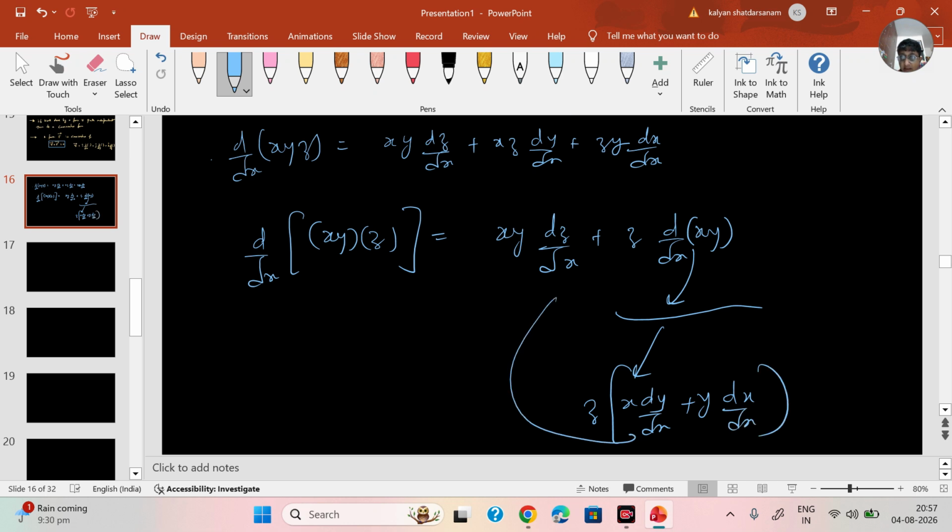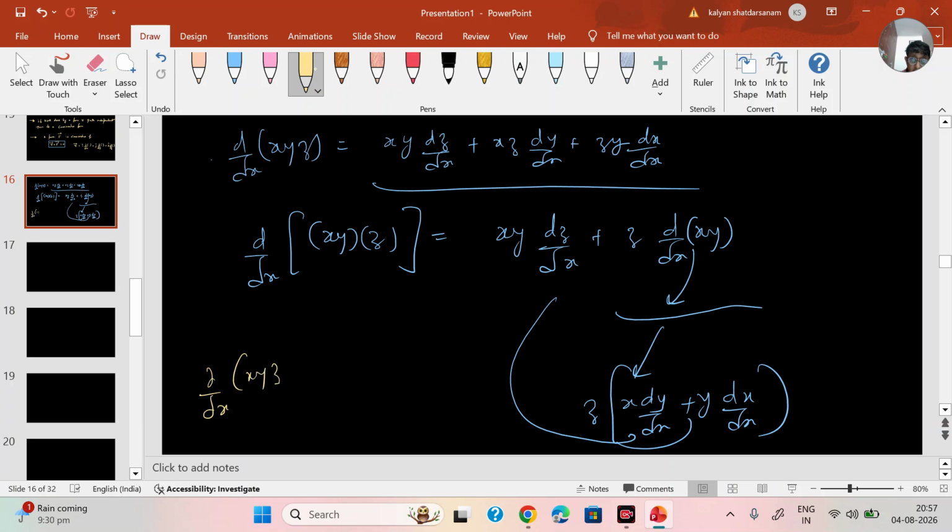So if you see, that's exactly what you got here. It's a complete derivative. But if I write dou by dou x of xyz, then only x is to be treated as variable. Y and z are constants, they come out. Any other variable other than whatever is in the operator, that's a constant if you are doing partial derivative.